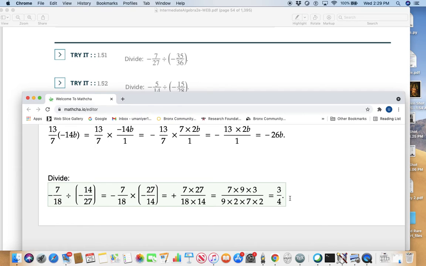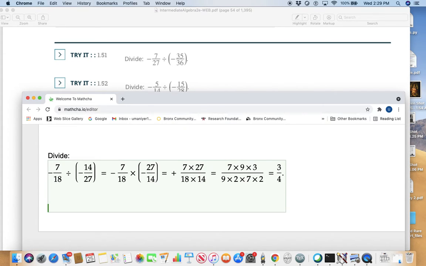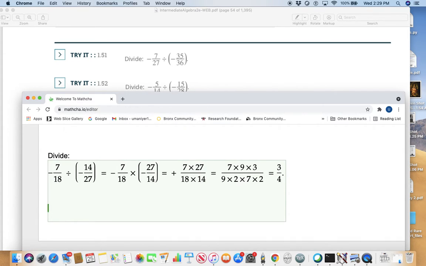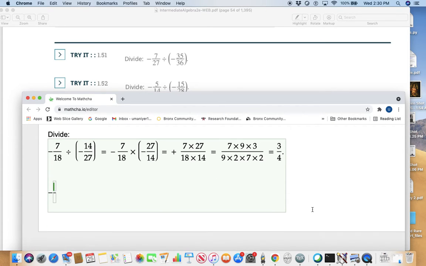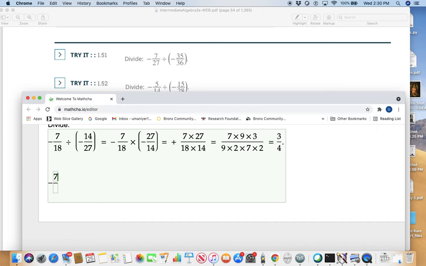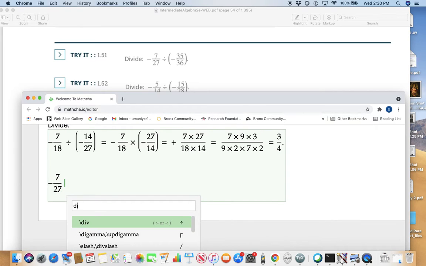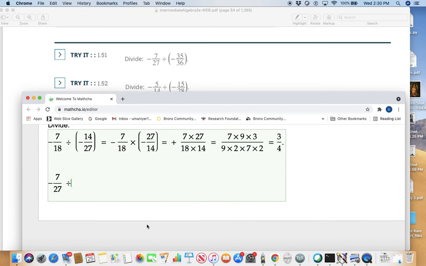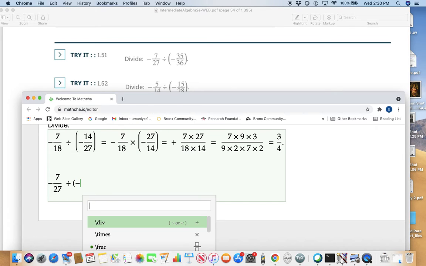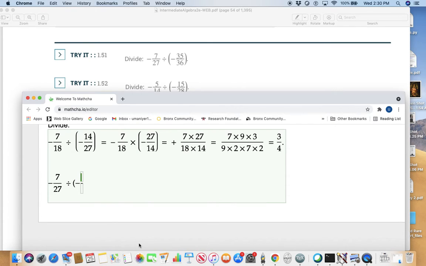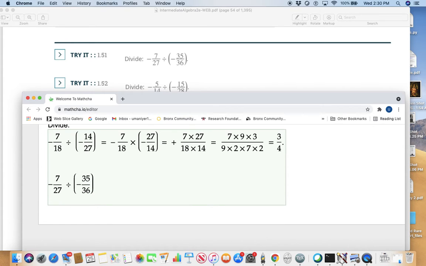Here are a few more examples. Negative fraction 7 over 27. You are dividing by fraction 35 over 36. Okay. So division by a fraction is multiplication by its reciprocal.